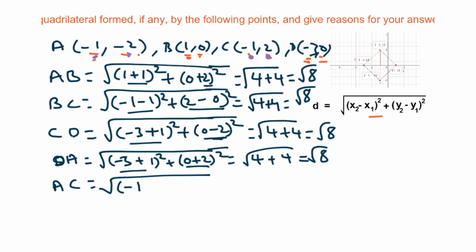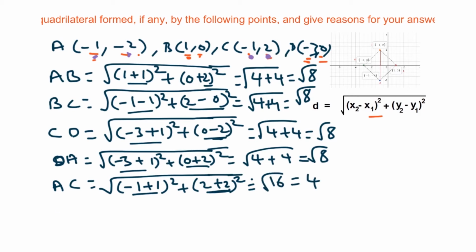So my x2 minus of -1 plus 1 whole square plus y2 minus y1 whole square. 2 minus of -2 is plus 2 whole square. So -1 plus 1 is 0 and 2 plus 2 is 4. 4 square is 16. Square root of 16 is 4.